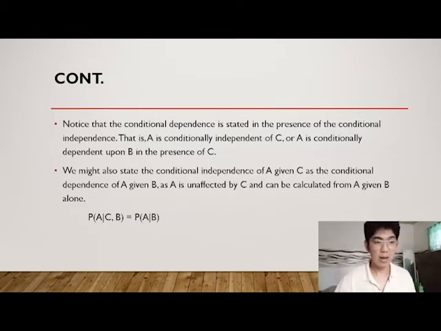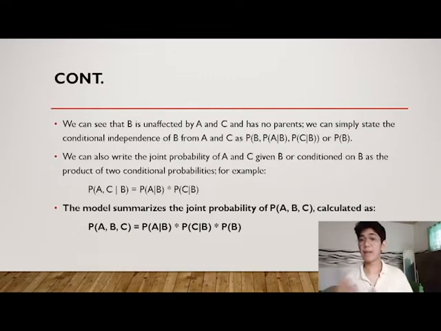And next, we can see that B is unaffected by A and C and has no parents. We can simply state the conditional independence of B from A and C.